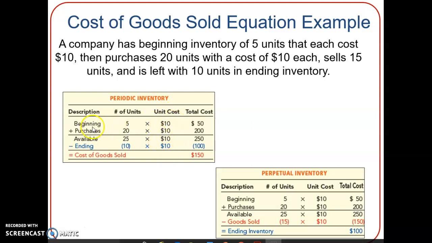That is, for the beginning inventory and all the purchases we made and all the stuff that we sold, we assume that the unit cost remained the same at $10 each. The same thing for the perpetual inventory, which, as we know, most likely is not going to be the case.